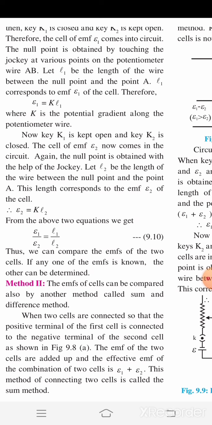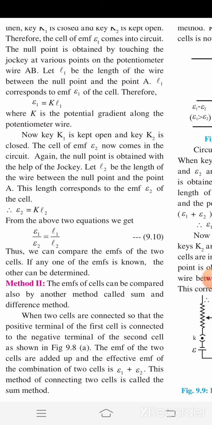The first method is the individual cell method or separate method to compare the EMF of two cells, and the second method is the sum and difference method.